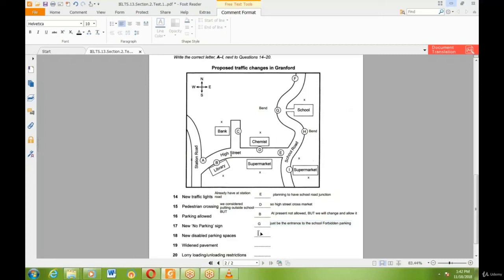All right, number 18. 18 is C. Right? And here we had another answer that followed, not but, it was followed by a so.